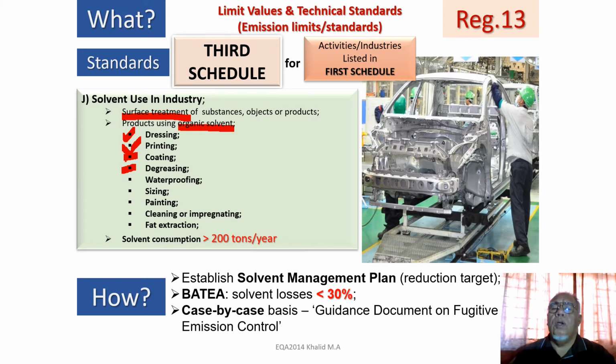They go into the next processes. And also waterproofing, they use solvent. I do not have enough knowledge in waterproofing, but normally in the making of the proofing coat they use solvent.